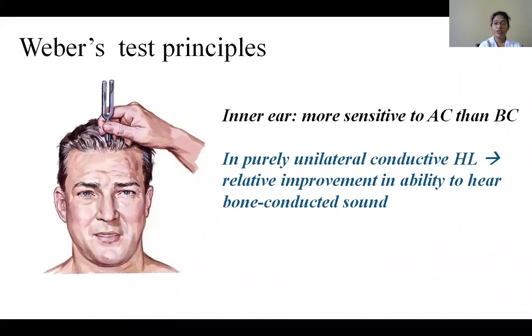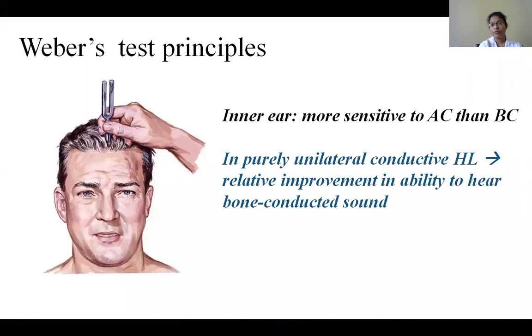Now whenever there is a unilateral conductive hearing loss, we see that there is relative improvement in the ability to hear bone conducted sound. Why? The reason is there is absence of the masking effect. Now we know that whenever the masking is there, means some sound is already engaging few of the hair cells.